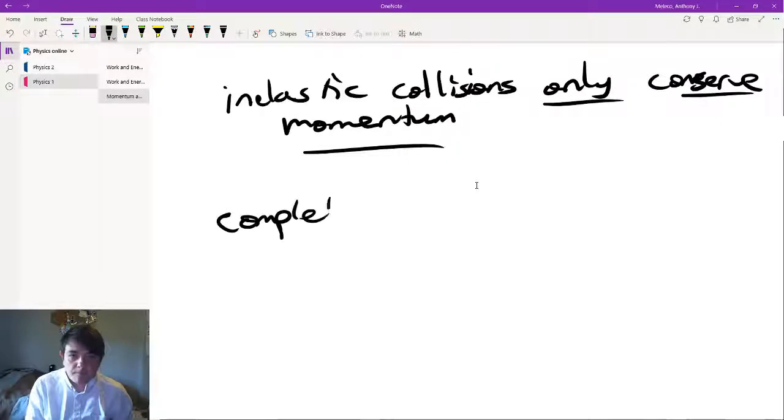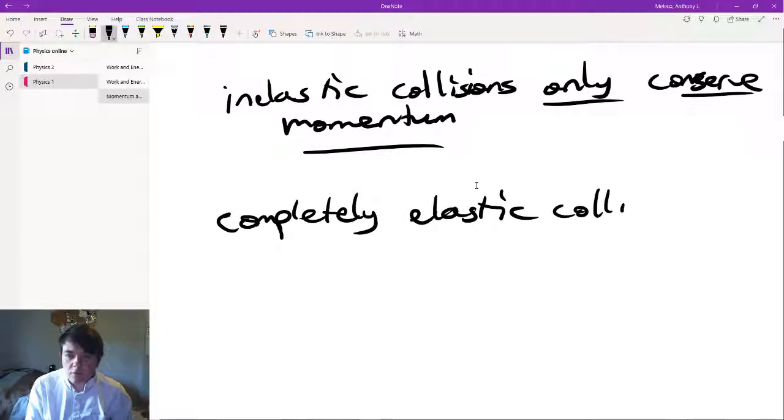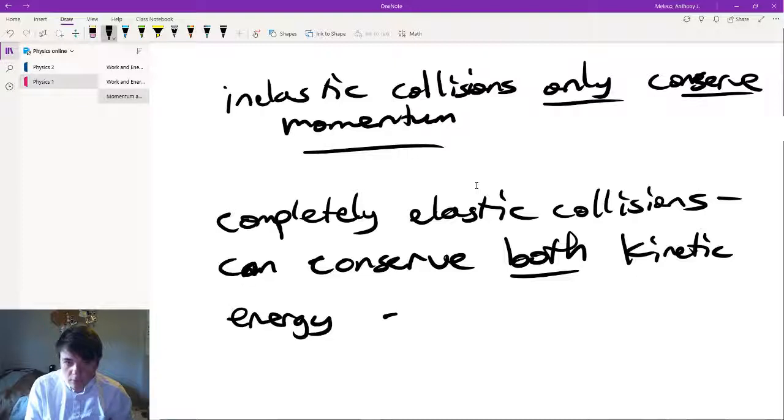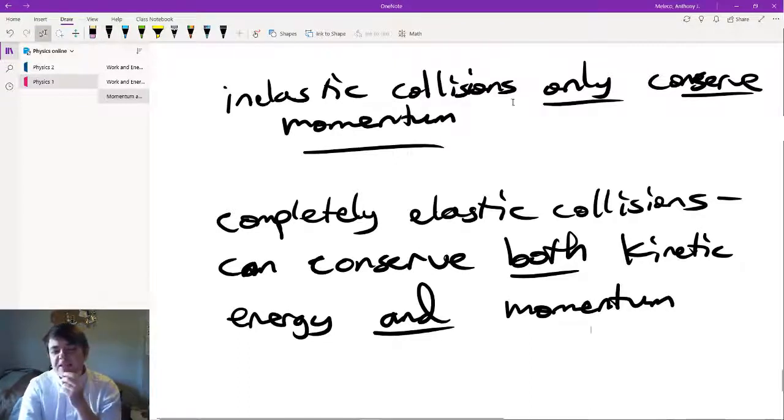Completely elastic collisions can conserve both kinetic energy and momentum. Okay, and you'll see that actually makes the problems more complicated.